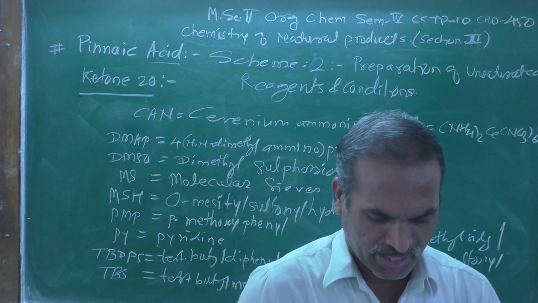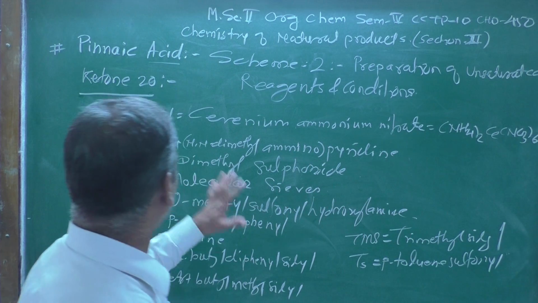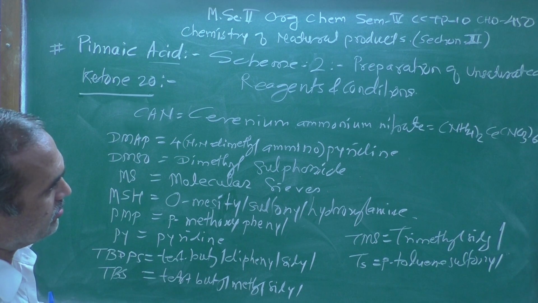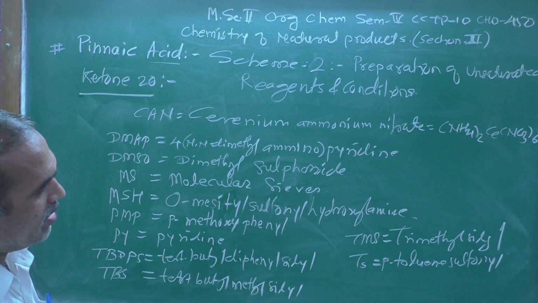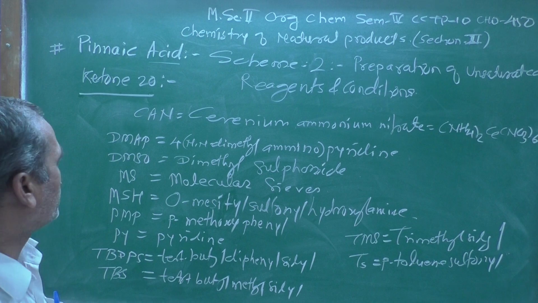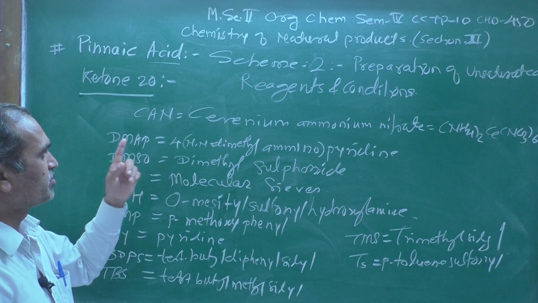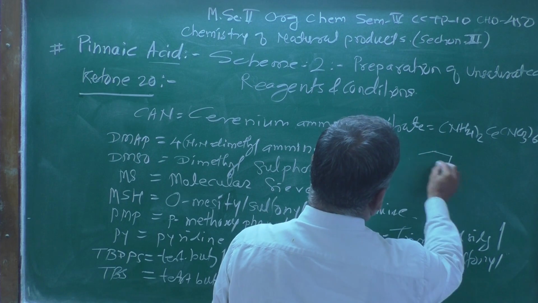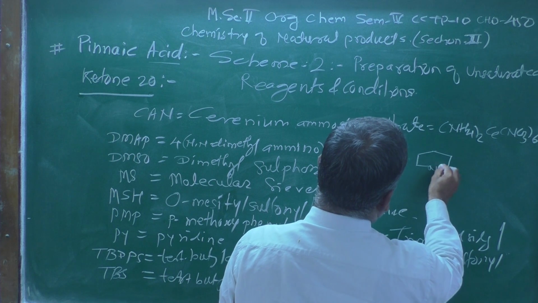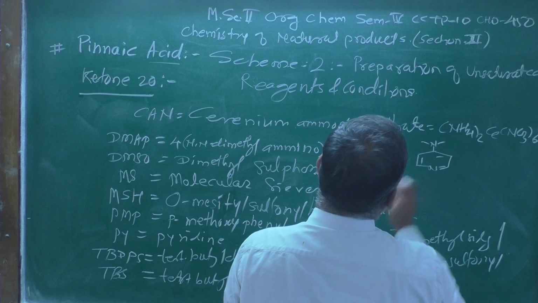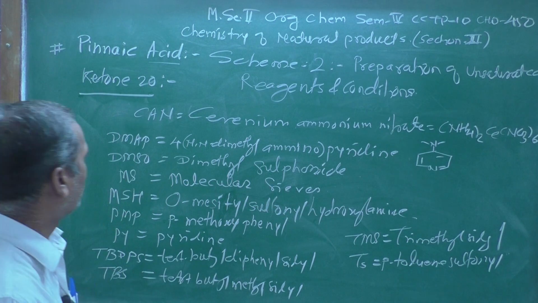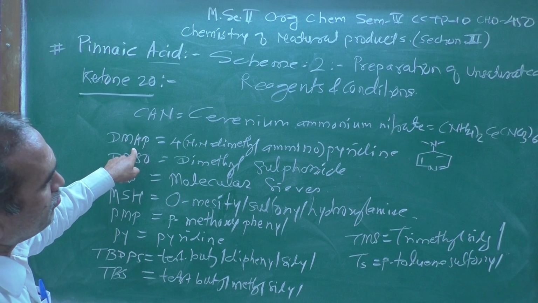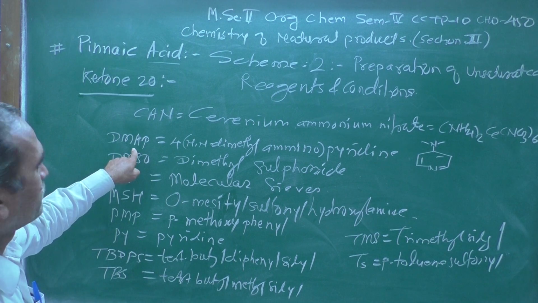And chiral cyclopentanone. These are the short forms used during this synthesis. CAN, cerium ammonium nitrate, has the chemical formula (NH4)2Ce(NO3)6. DMAP means 4-N,N-dimethylaminopyridine, the structure of which has N and methyl groups, that is dimethylaminopyridine.